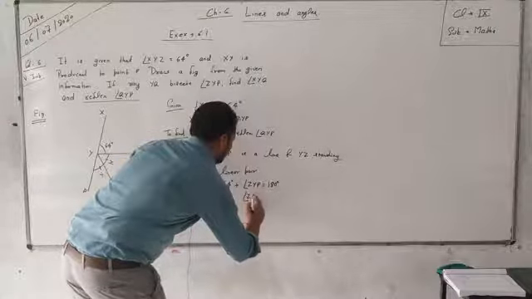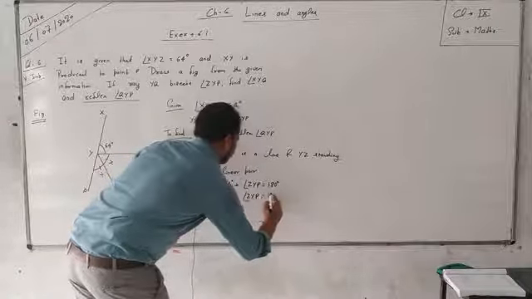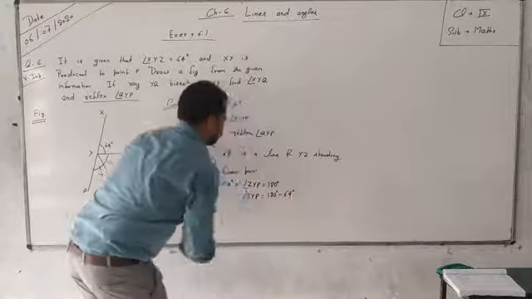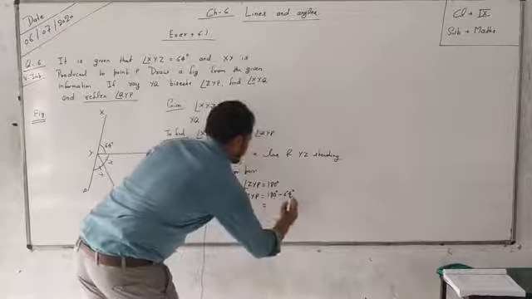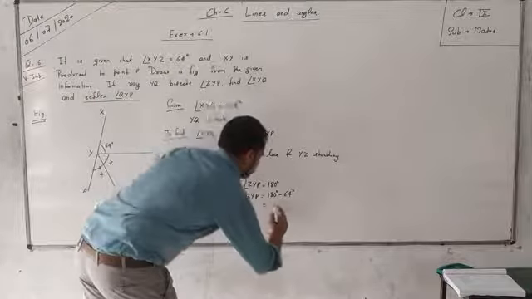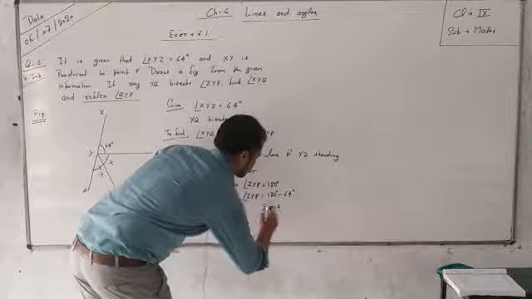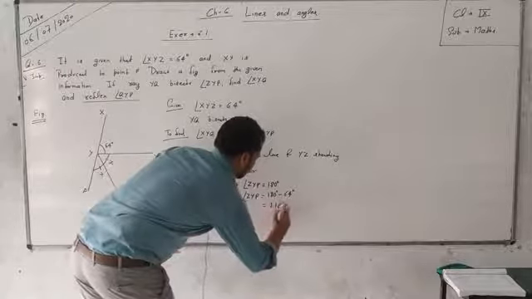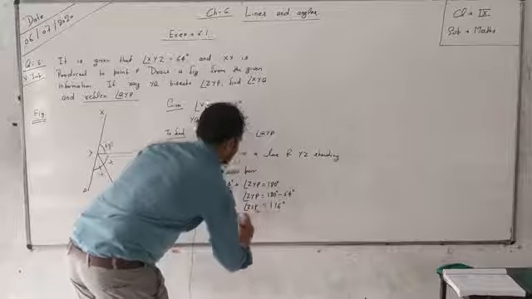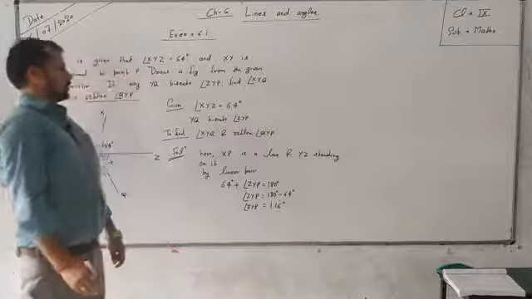Angle ZYP is equal to 180 degrees minus 64 degrees. You have to subtract it and what remains here? 116 degrees. Angle ZYP is equal to 116 degrees.